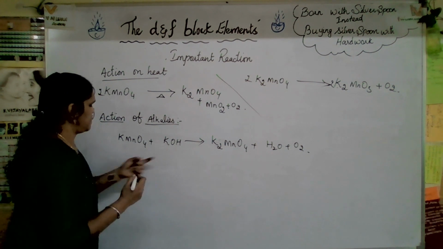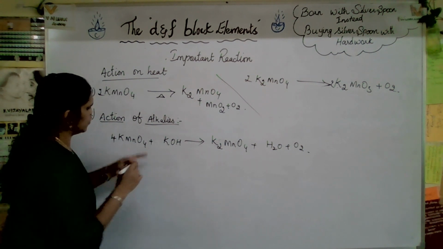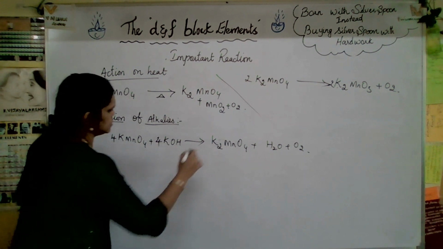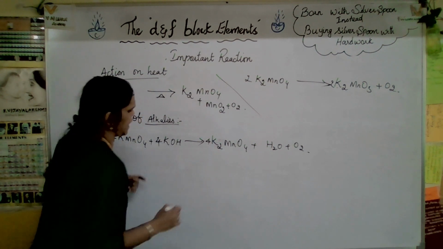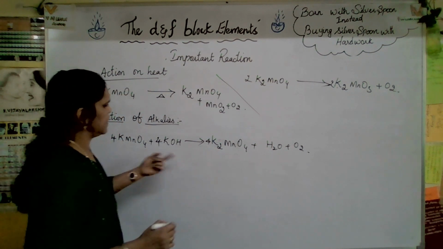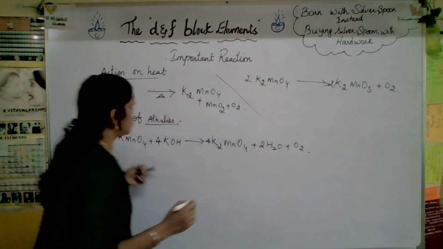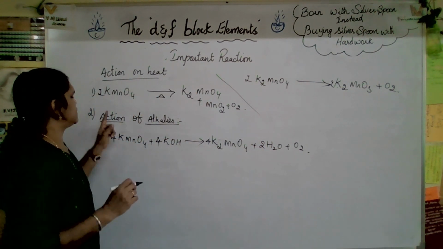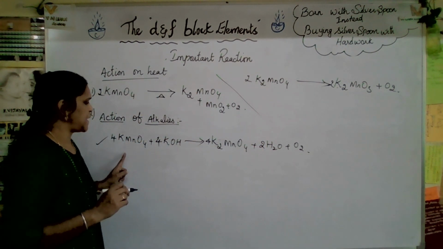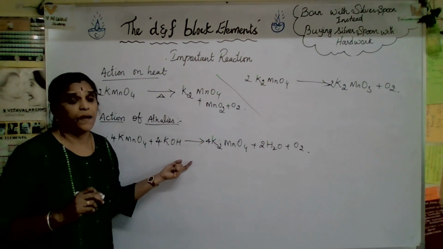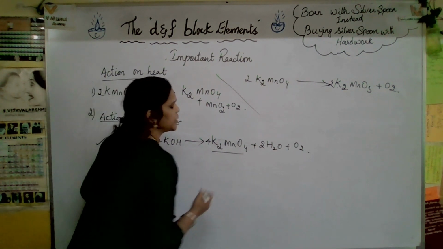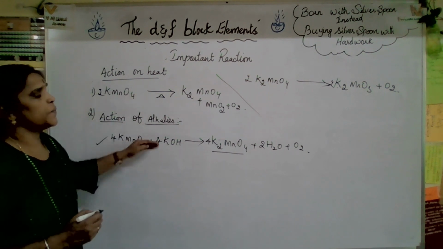To balance this, it is 4. If we put 4, it means 8, so 4 twos are 8, and the remaining H2 is 2. So all together, potassium permanganate reacts with potassium hydroxide, and you will get potassium manganate. Hope you're clear with it.